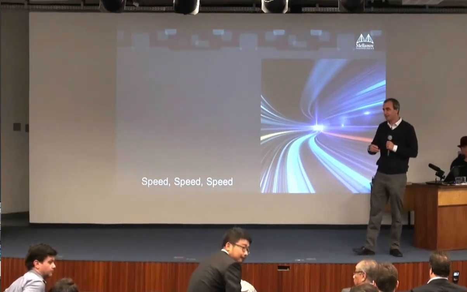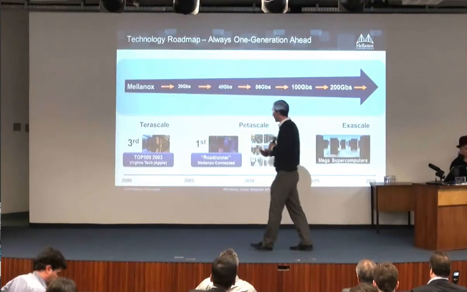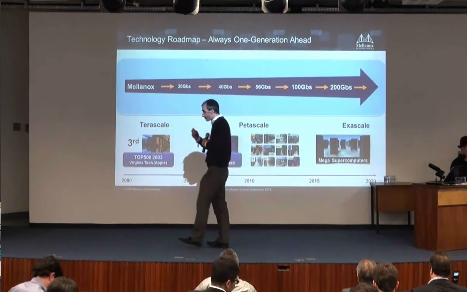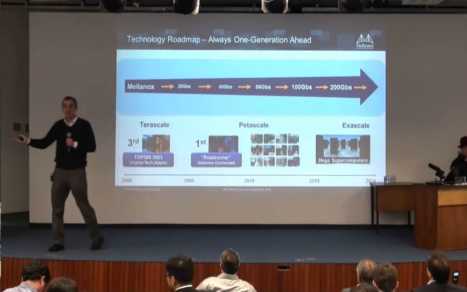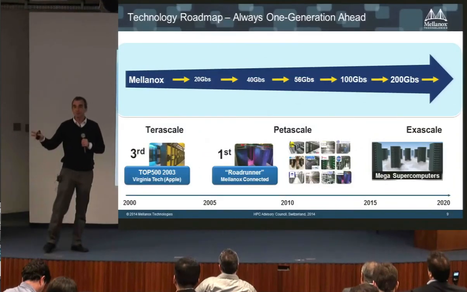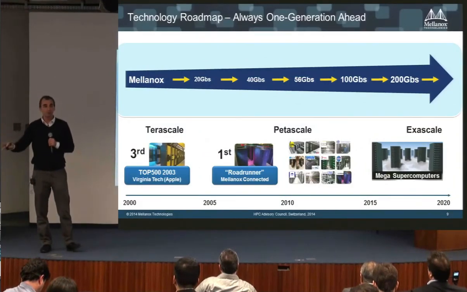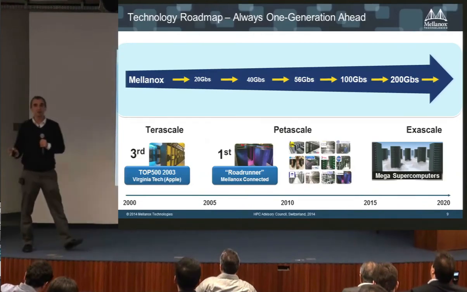And the most common element that we hear when we go and meet with our customers and maybe the customers of our customers is we need more speed. We need lower latency, we need more bandwidth, we need all of the CPU to be devoted to the number crunching. We don't want any of the CPU to be spent in moving data across. This is what we focus on.